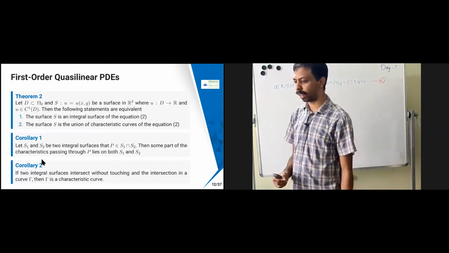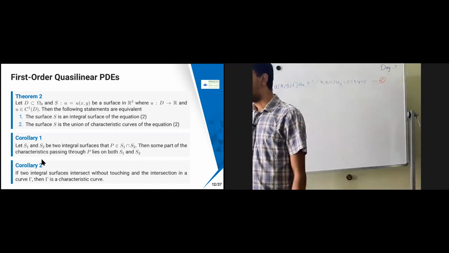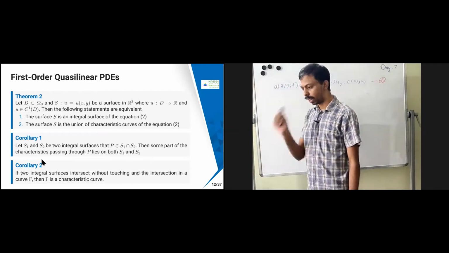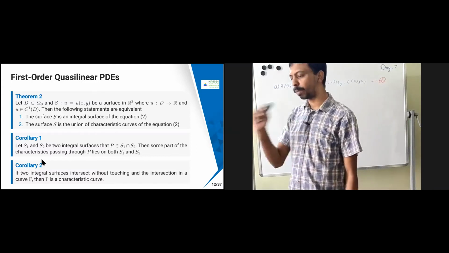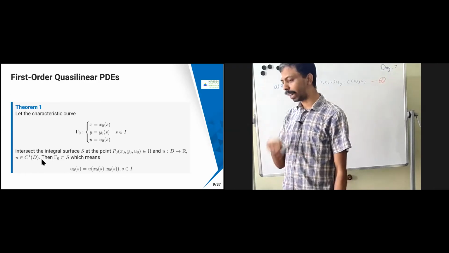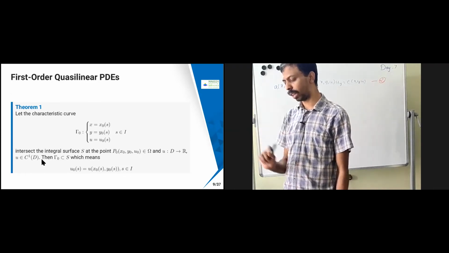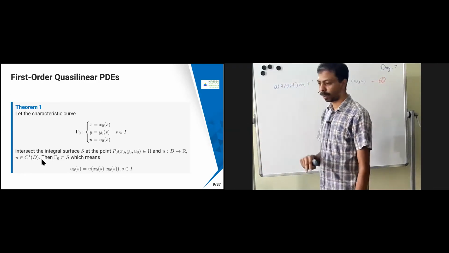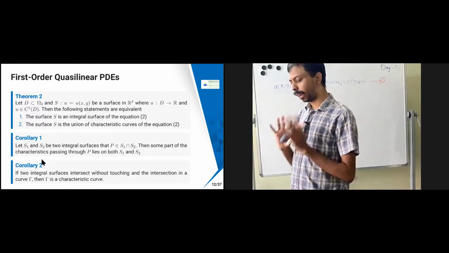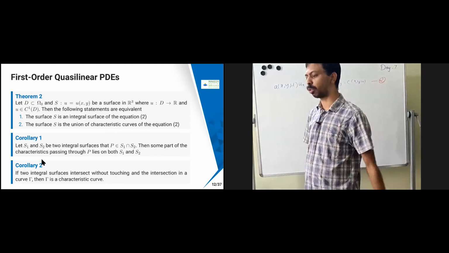If S is an integral surface and you take any characteristic curves of equation 2, then S can be written as the union of these characteristic curves. Earlier we took only one curve, which was a subset of S. Now S itself is a union of characteristic curves only.